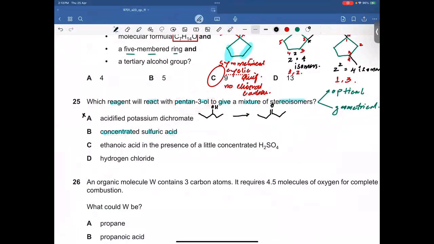And as a result of that, you will get a double bond here, or a double bond here.